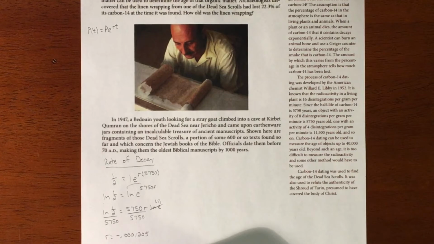So we are looking at this equation, e to the negative 0.0001205 t. So that's perfect. We got a negative rate, which corresponds to the idea that in order for this to go down, we have to have a negative rate. That's going to be our decay, which is perfect.